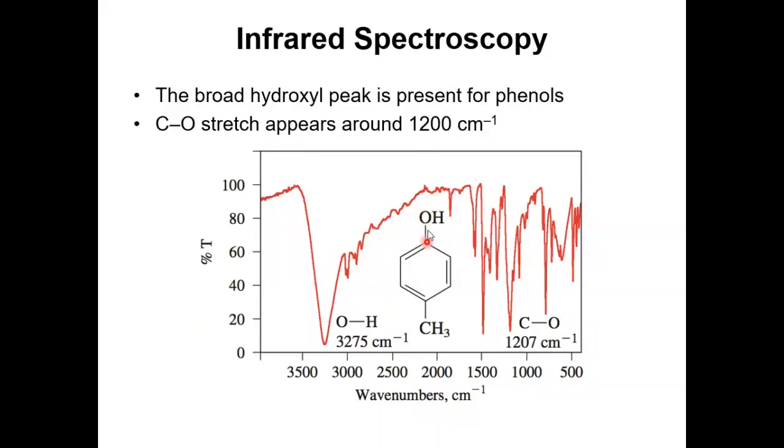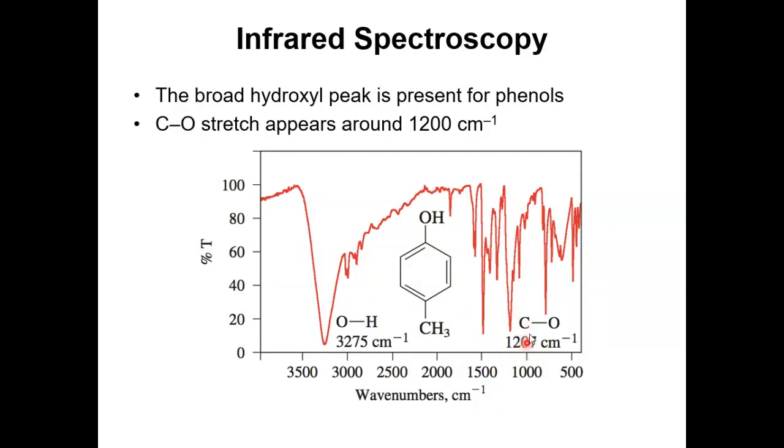And this CO single bond stretching vibration is different enough that it can be used to differentiate phenols from alcohol. In alcohol, this CO bond stretching vibration is usually found somewhere around 1100 reciprocal centimeter, could be as low as 1050.